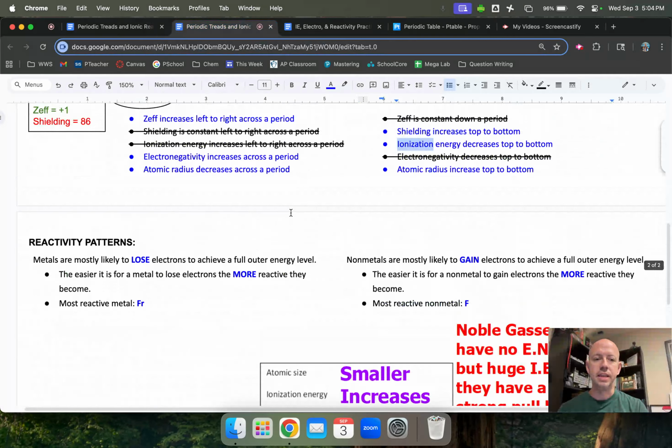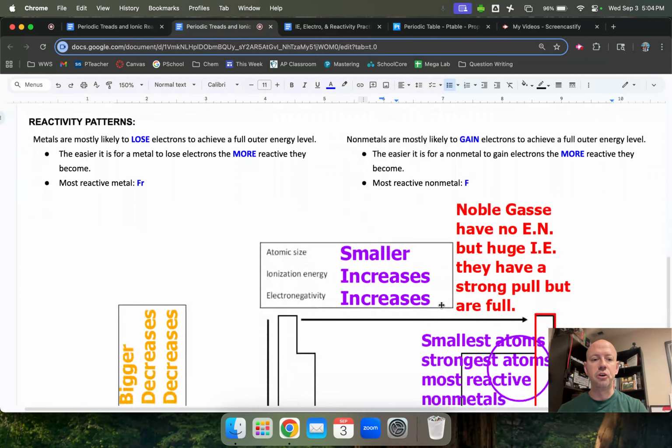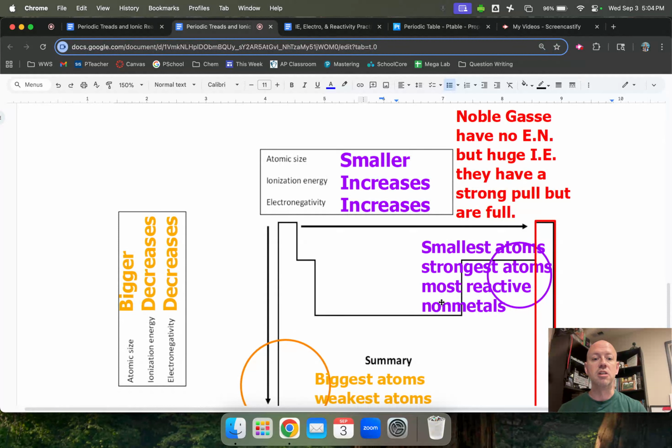So when we come right here, we see that filled in, but we also have right here our summary. The smallest, strongest, most reactive nonmetals are found in the upper right corner, ignoring the noble gases because they won't gain electrons very easily because they have full energy levels.